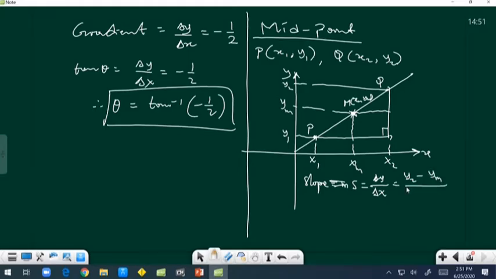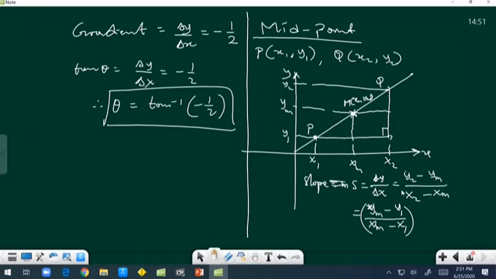y2 minus ym divided by x2 minus xm, is equal to, from here to here, ym minus y1 divided by xm minus x1.